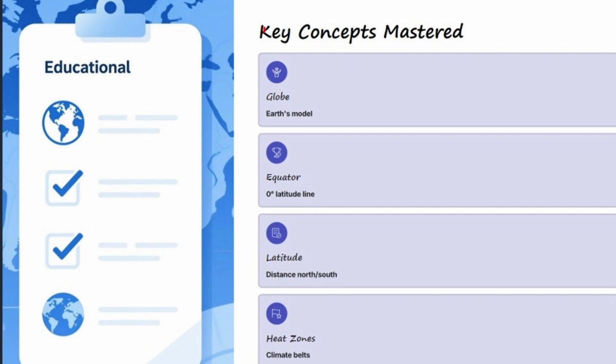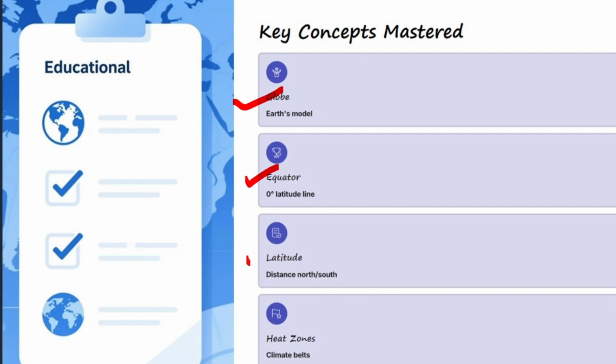So here we come to the end of the video. In this video, we came across the globe and what a globe does. It is the true model of the Earth. We came across the important latitude called the equator, the 0 degree latitudinal line.